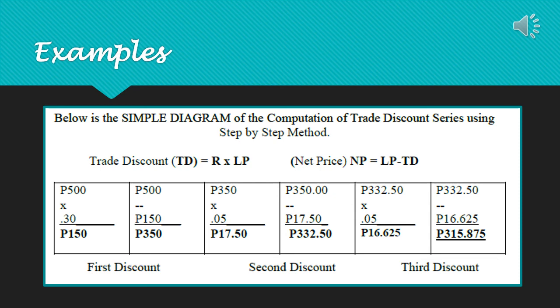Yan yung na-discount niya the third time. So, minus ulit natin siya dun sa list price. So, 332.50 minus 16.625, then we'll get 315.875. So, that's our final net price.